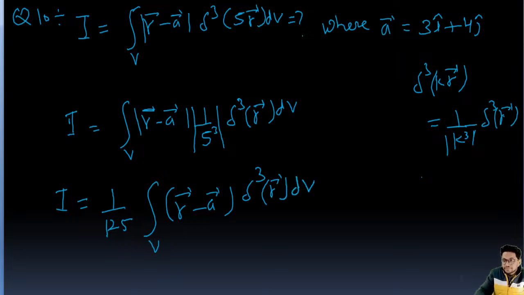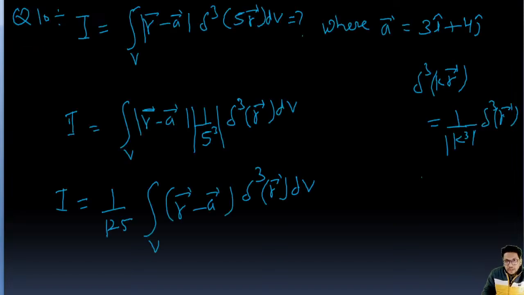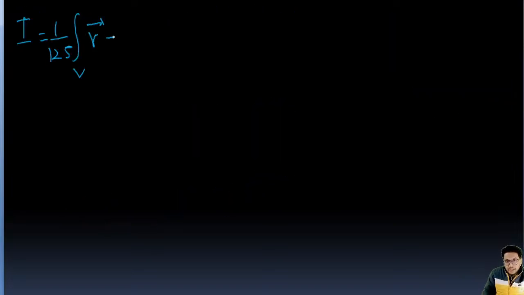Now we can write I equal to 1 upon 125 volume integration of vector r minus a del cube r vector, so we can write r minus 0, that is not going to change anything. Okay, vector r minus 0. So now we'll use the property.